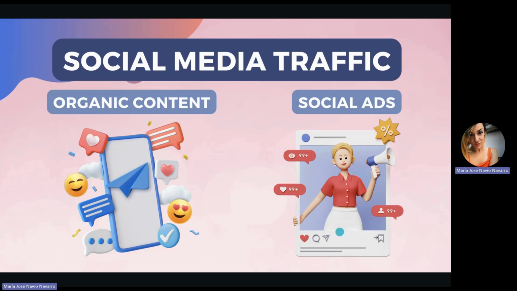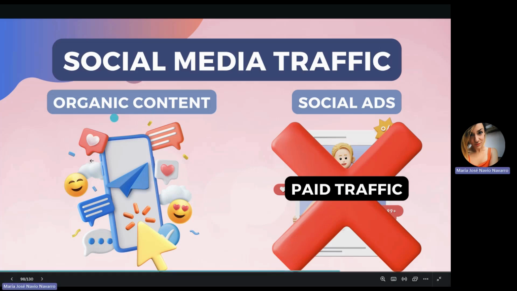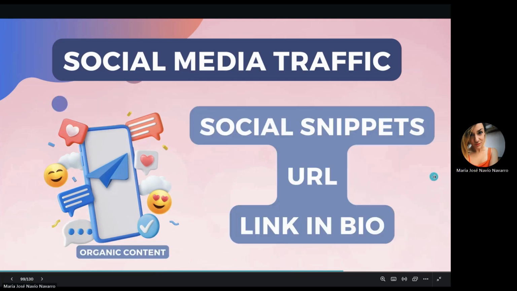Organic is natural content, social ads is inorganic content, paid traffic, okay? And in this regard, for social media we are going to focus only on organic content, because social ads should be considered in Google Analytics 4 as part of paid traffic or campaign traffic, okay? And we should include a lot of UTMs, a lot of parameters, in order to track them properly.